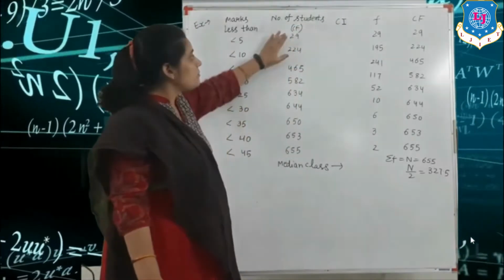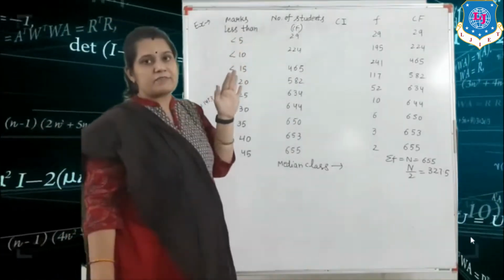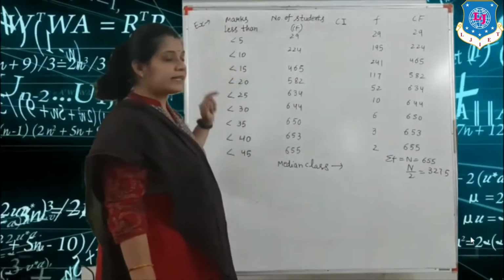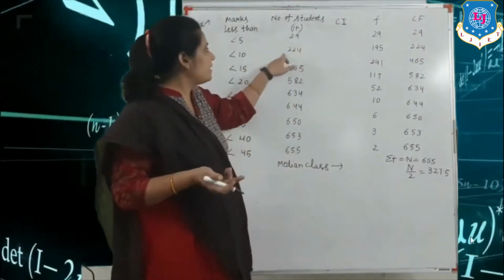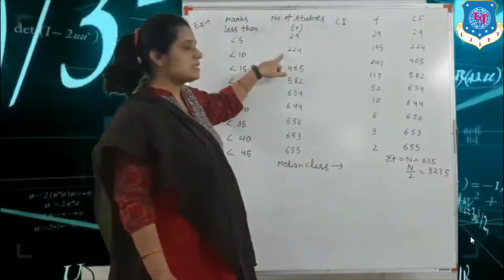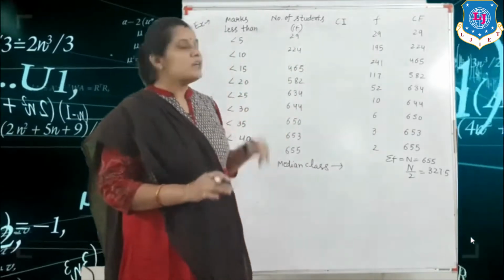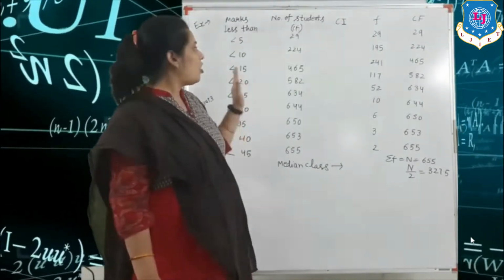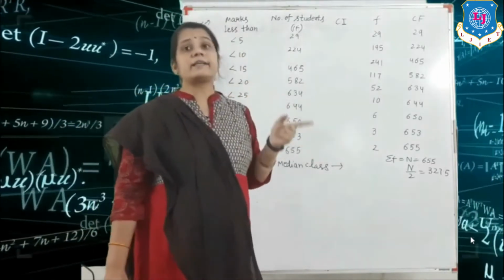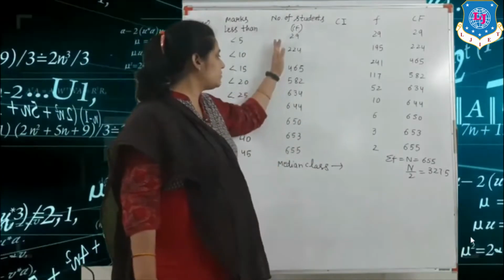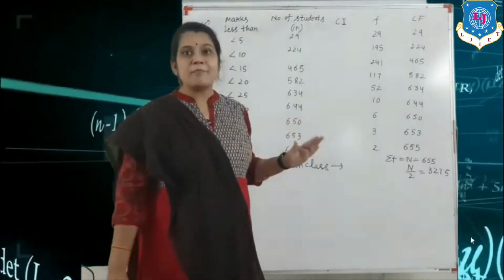Because here, the number of students for less than 5 is only 29, but for less than 10, less than 5 is already included. So this number 224 is the sum of less than 5 and less than 10 students both. Got it? So always keep in mind, if your question is given in the less than type or greater than type, it is given in cumulative frequency, not in simple frequency.